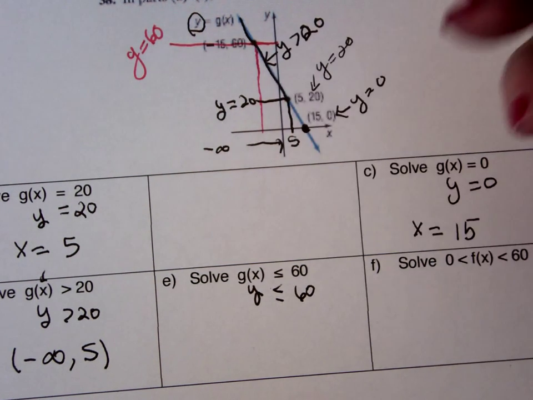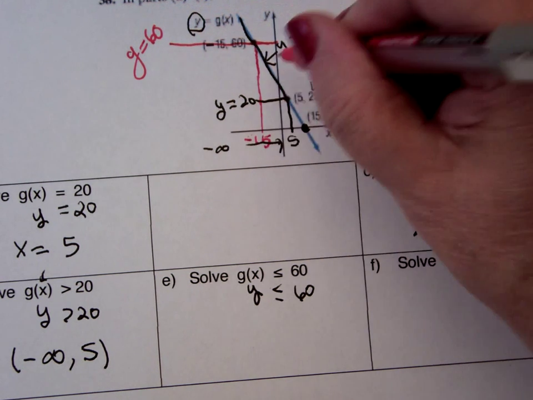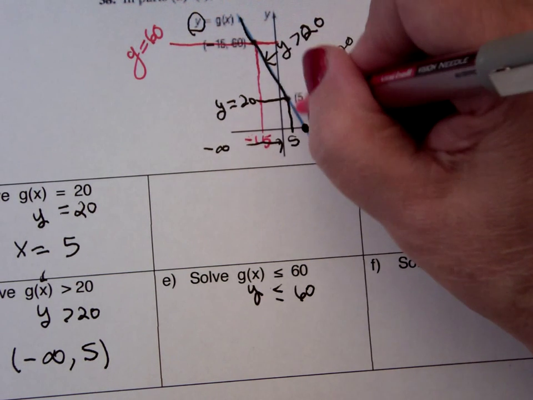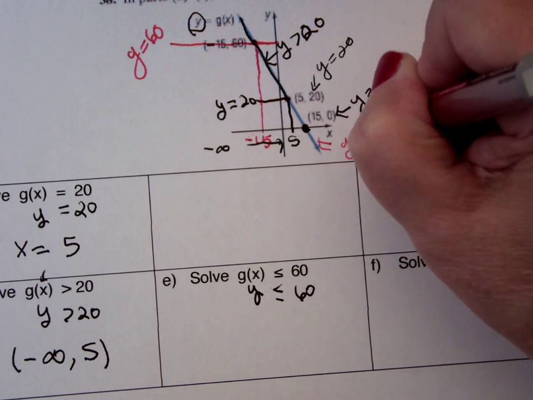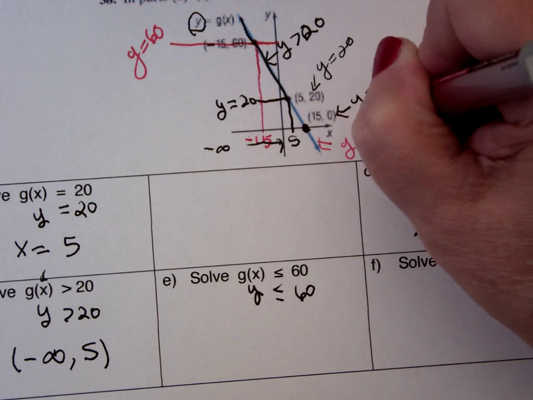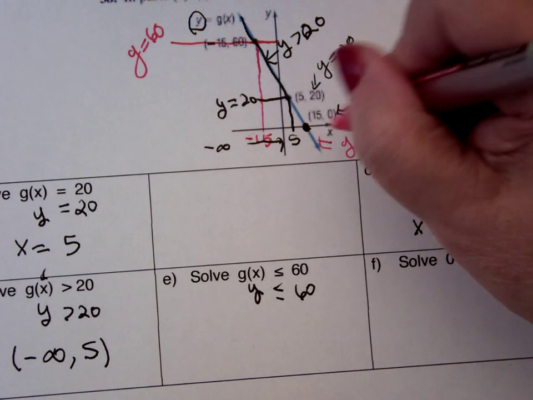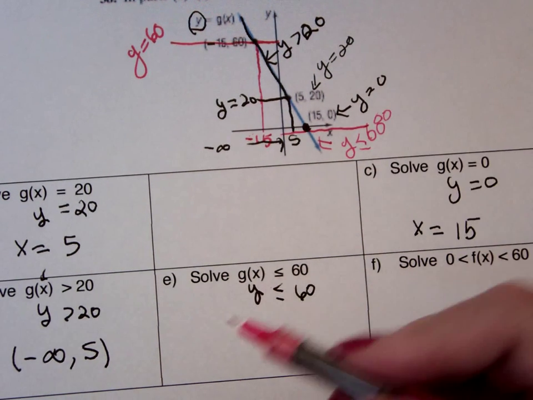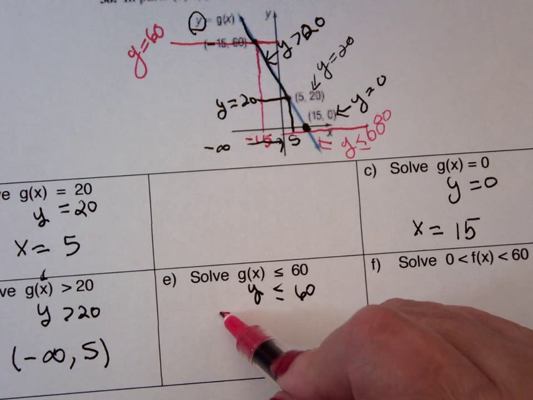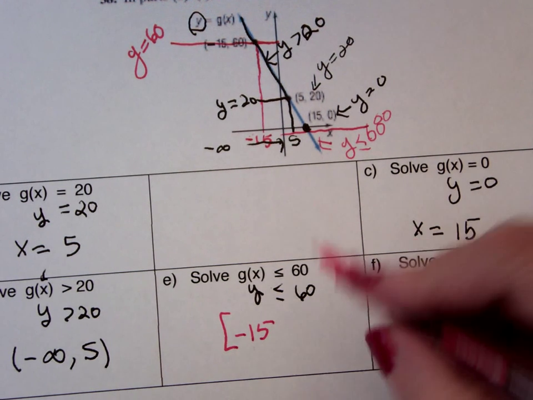Well, they start at what? Minus 15. And then this whole piece of this graph right here means y is less than or equal to 60. So it's going to be minus 15 all the way to infinity. So it's going to include minus 15 because of the equal.